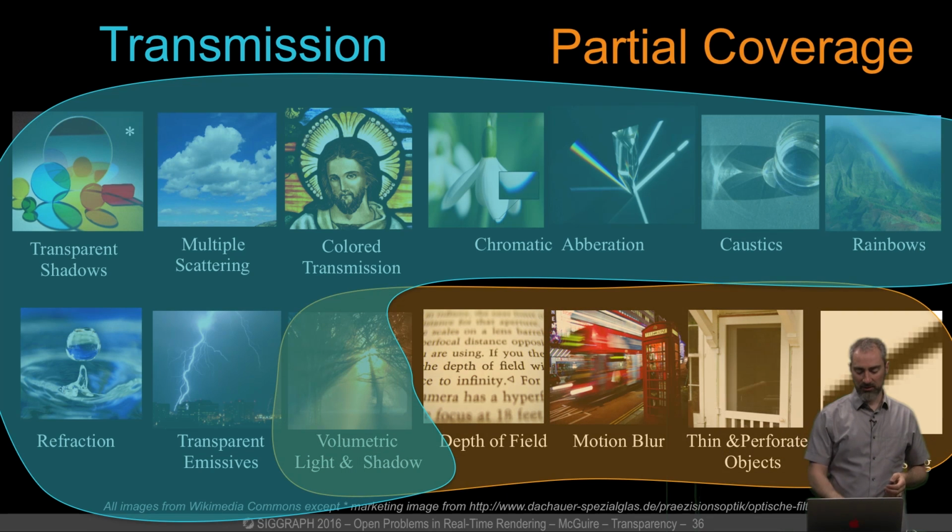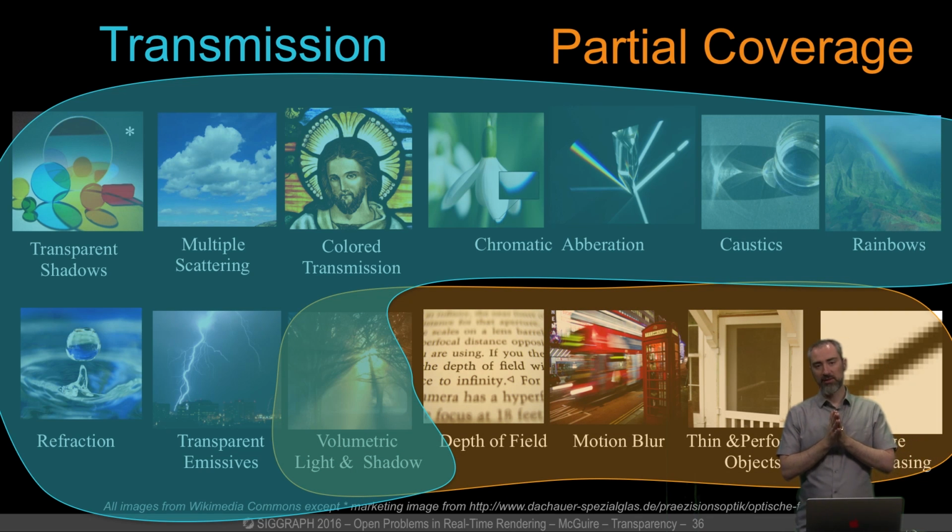And then, of course, these are the partial coverage effects. And there's one overlapping one, which is that I've put volumetric lights and shadows, so shafts of light and shadow going through fog or mist. I've categorized that as both partial coverage and transmission, and that's because it is. So if you have something like a cloud, the medium is inhomogeneous because we have a mixture of water vapor, ice crystals, and air.